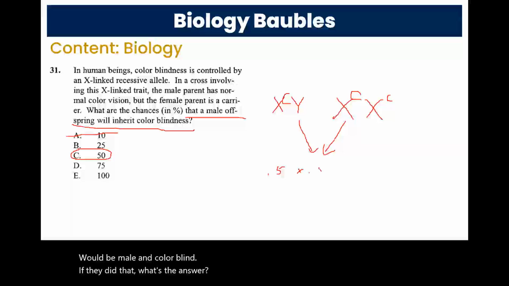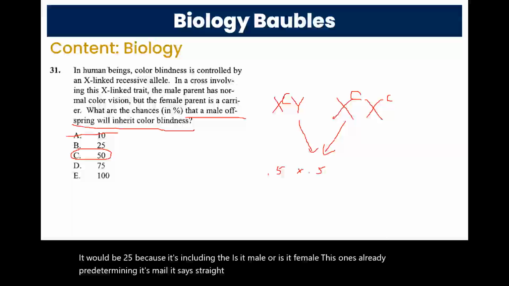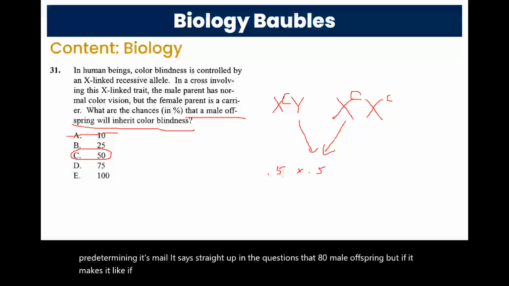It'd be 25% because it's including whether it is male or female. This one's already predetermining it's male. It says straight up in the question that a male offspring. But if it says, what is the chance it could be a male with color blindness, then you've got to include that 50% for being male. So it's a little trick of the writing of these types of questions.